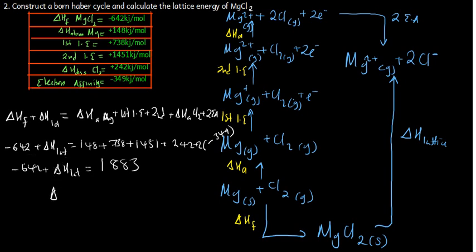So we are going to remain with lattice energy being equal to 1883 plus 642, and that's supposed to give us positive 2525 kilojoules per mole. Alright, so that is the value in this case, the lattice energy for this question. Now let's go on and look at another question.